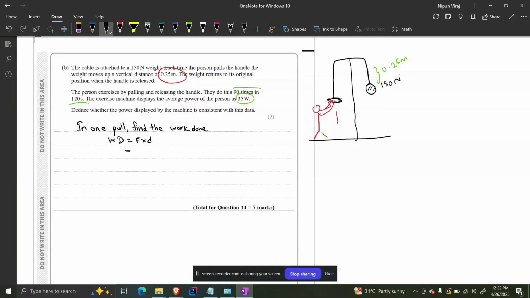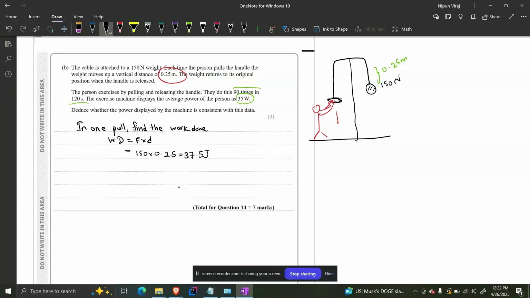The person is doing work against gravity, because 150 Newton is trying to pull the weight downwards, but this person is forcefully pulling it upwards. So that's why it will be a good practice for his muscles. So it is 150 into 0.25, which will be equal to 37.5 joules. This is the work done by one pull.